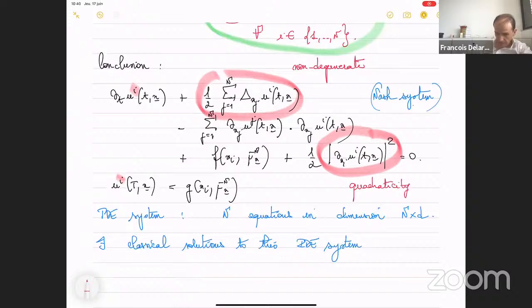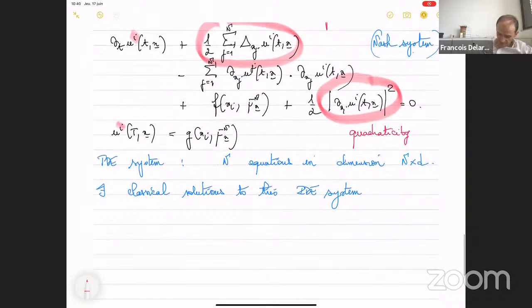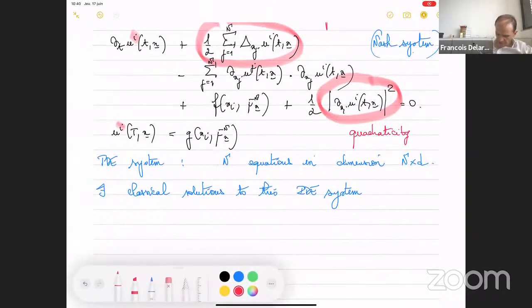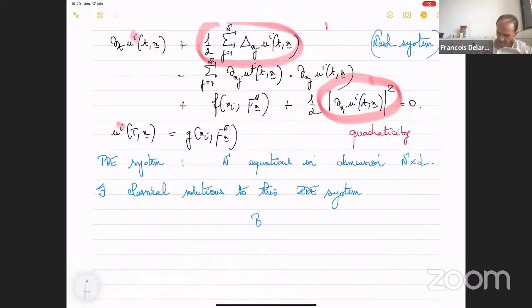It makes the analysis a bit subtle, specifically for systems with quadratic terms in the gradients. In fact, you have a series of papers on these kind of things by Bensoussan and Frehse.